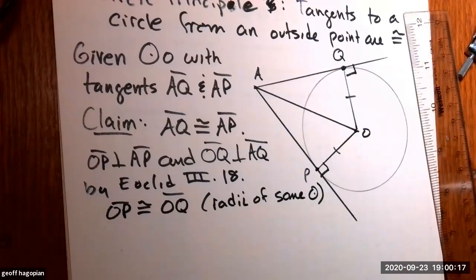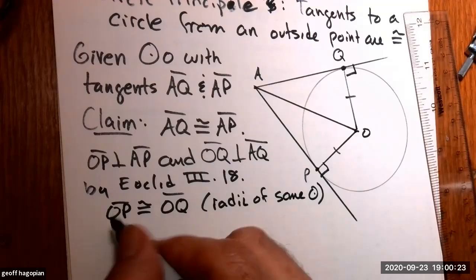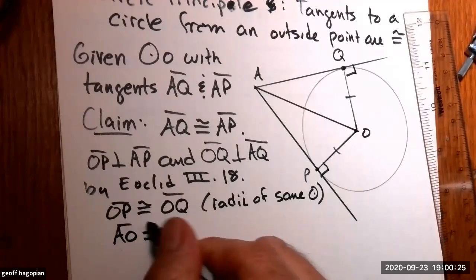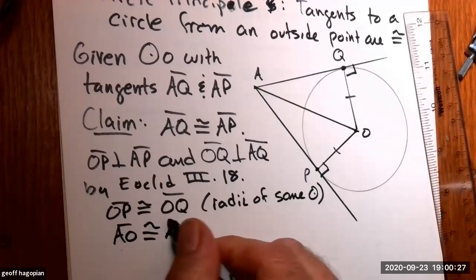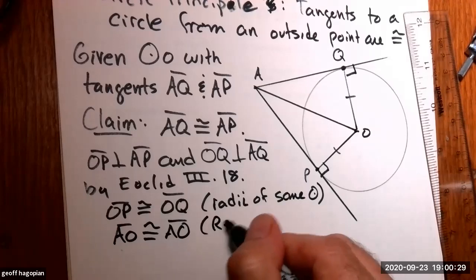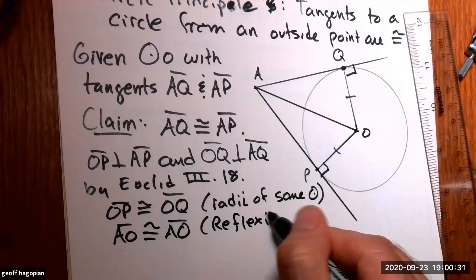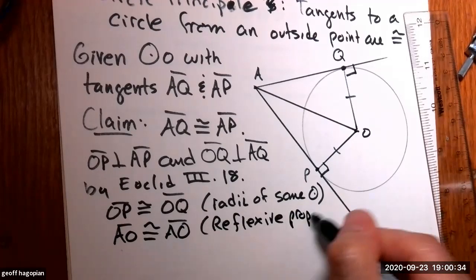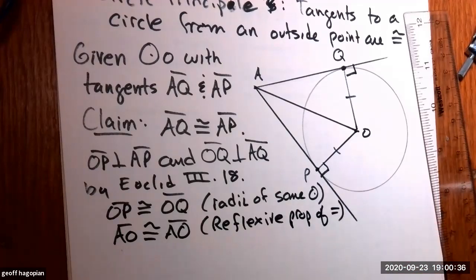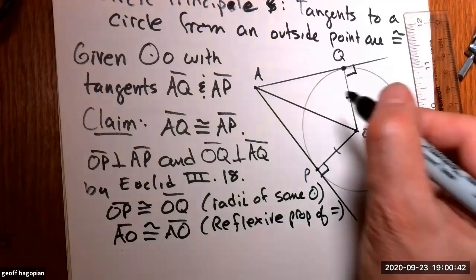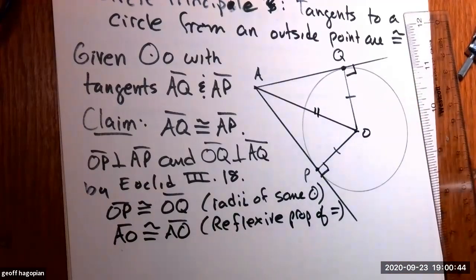And we know that AO is congruent to itself, which may seem obvious enough, but that's the reflexive property of equality. All right, and what else do we know? So should we indicate that with a couple of decorations there?